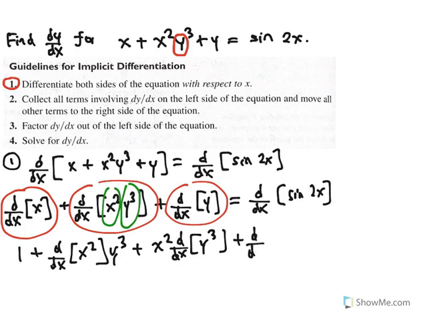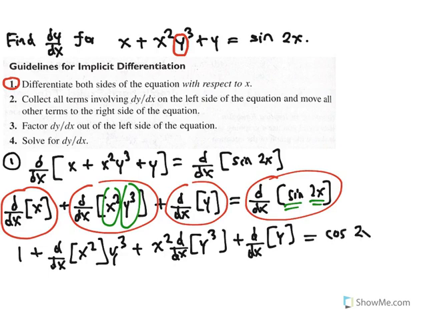Right now I'm just going to write it as I have it. It is going to give us dy dx. And on the right side of the equation, you would have to use the chain rule because you have an inside function 2x and an outside function sine. You're taking the derivative with respect to x of sine of 2x. So using the chain rule, you have the derivative of sine, which is cosine, and then multiply that by the derivative of 2x with respect to x, which is 2, giving you 2 times cosine of 2x.